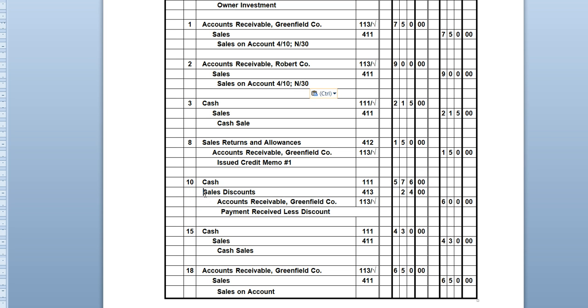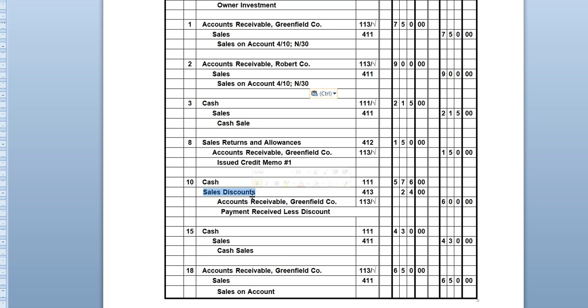So this too, sales discount, like the sales returns, when we prepare our income statement, is going to be subtracted from the sales account. So there are two contra revenues commonly found in merchandising companies' income statements, and they are called sales returns and sales discounts.